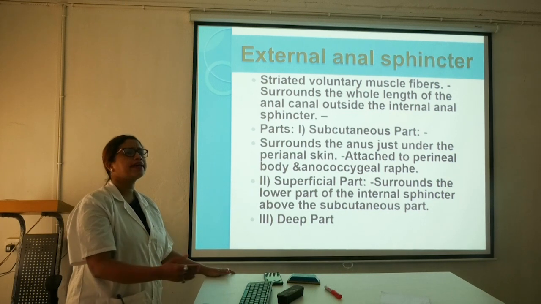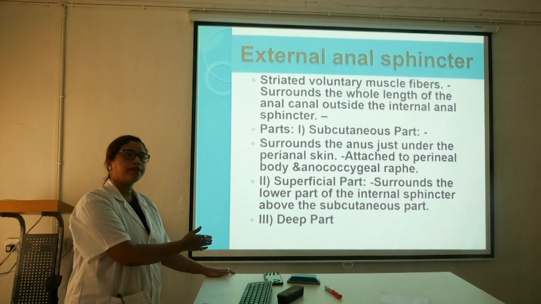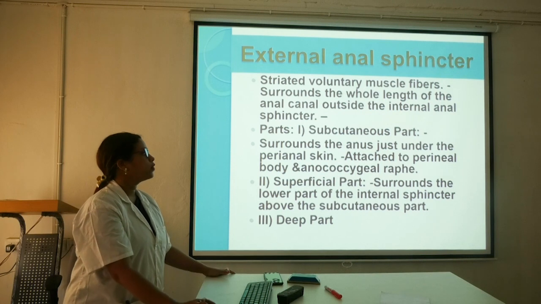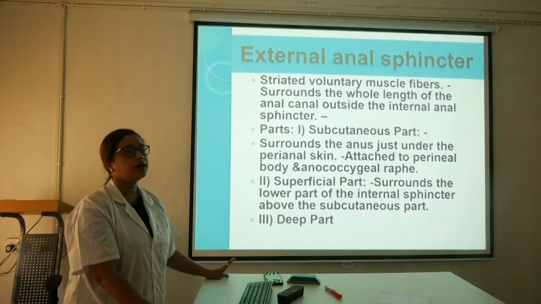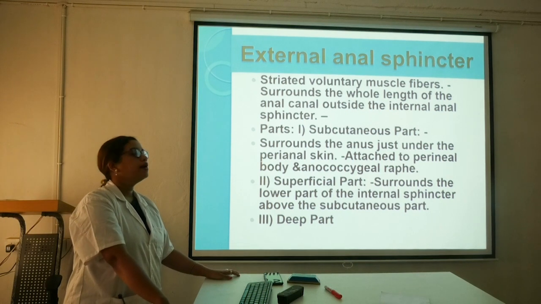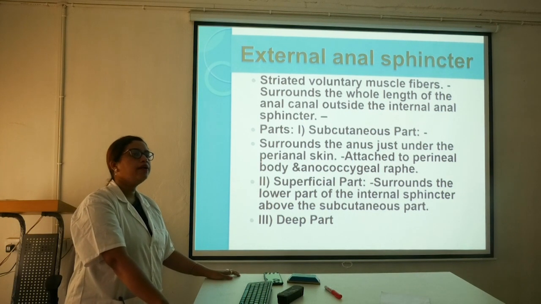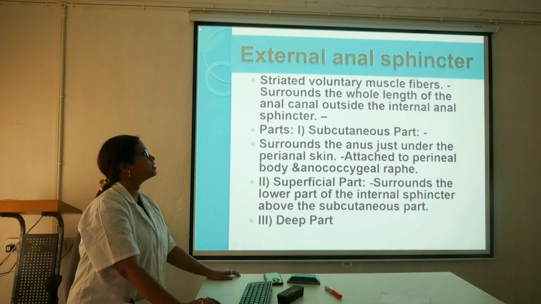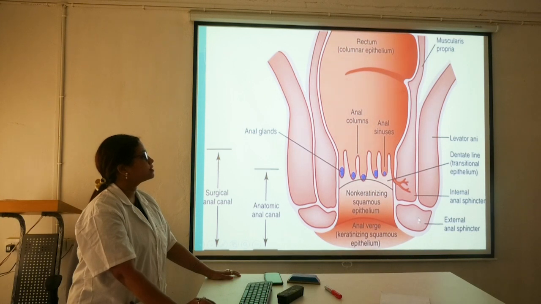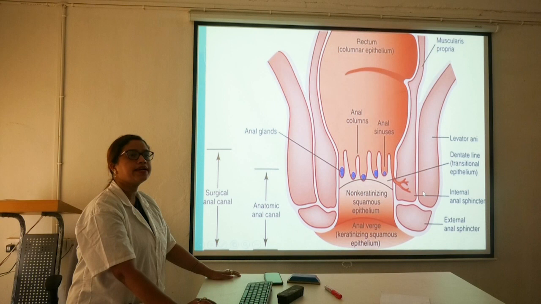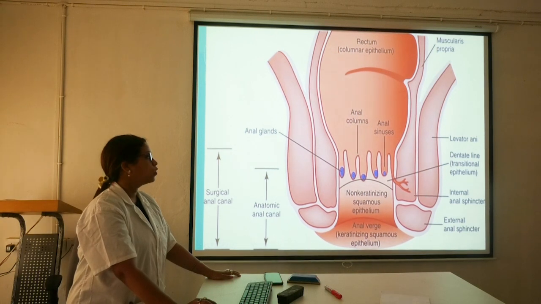So they are taking from outside to inside. Outside done, then inside, then the most deep part. So it is divided into three parts: subcutaneous, superficial, and deep. Okay. So this is the external anal sphincter, which is also surrounding the internal anal sphincter.